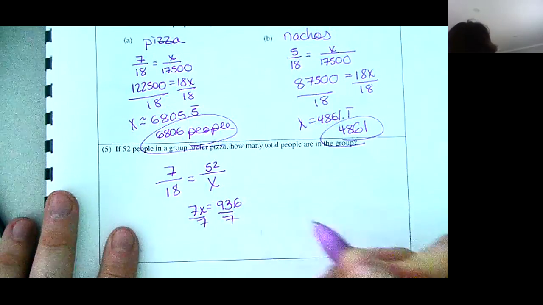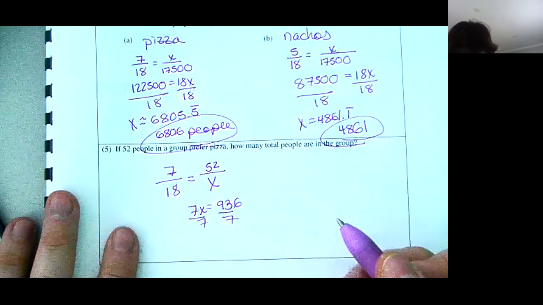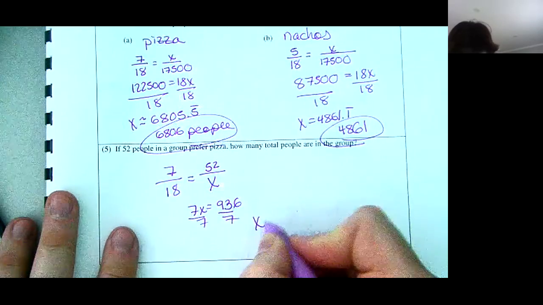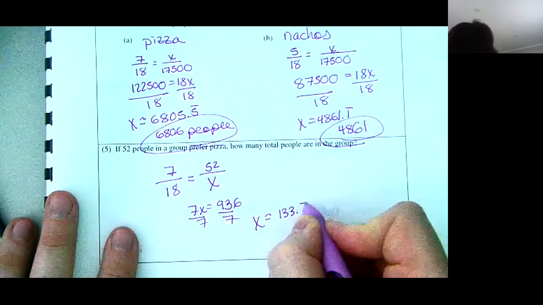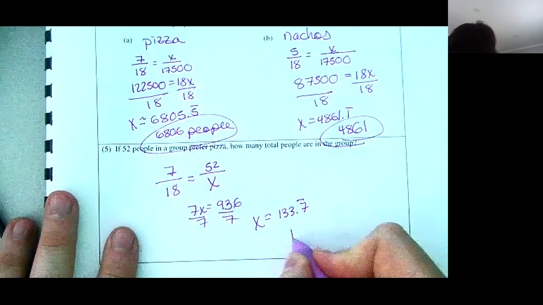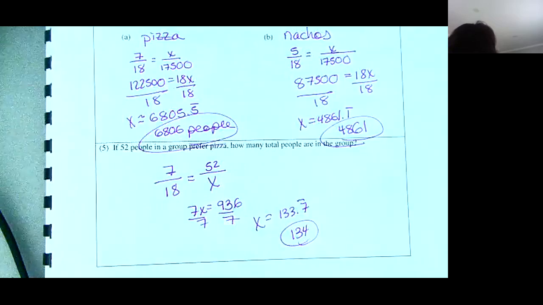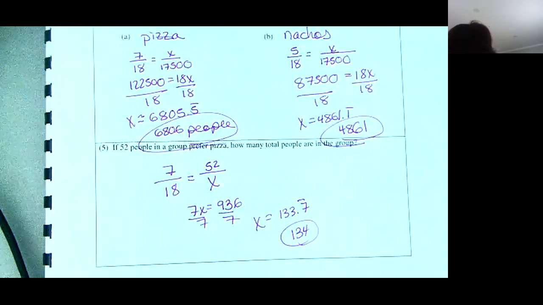How many students? 134, yeah. I know it had better be more than 72, because this is the total we're looking for, 134. Questions?